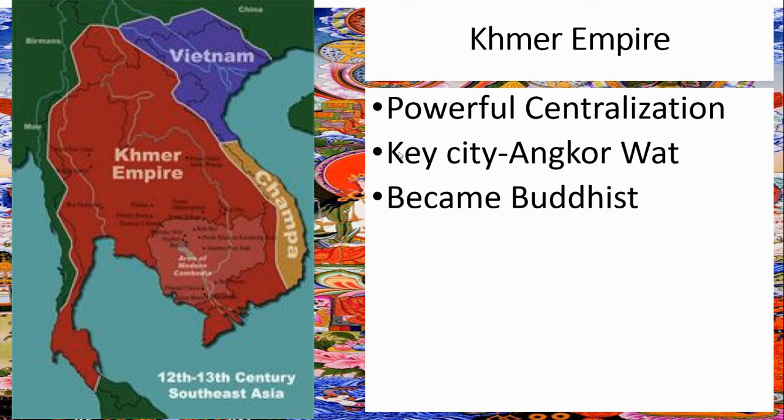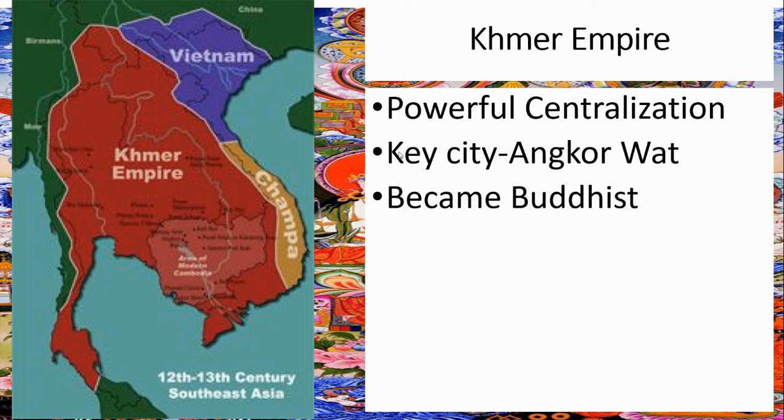They begin as a Hindu empire, but they very rapidly become Buddhist because Buddhism greatly appeals to merchants. Buddhism, through its equality, appeals to merchants because it treats them more equally with the upper class.